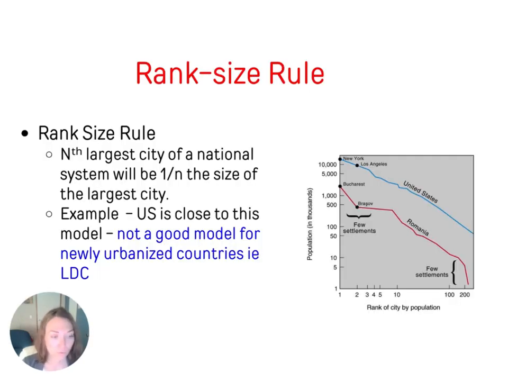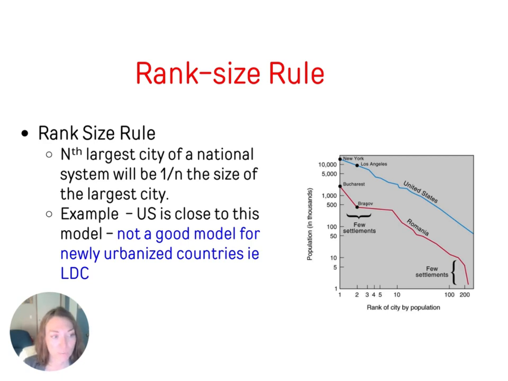Rank size rule in urban patterns and processes basically looks at the size of different cities in a country and how they relate to each other. So rank size rule says that the nth largest city of a national system will be 1/nth the size of the largest city. So you can plug any number in here, just make sure it's the same number.